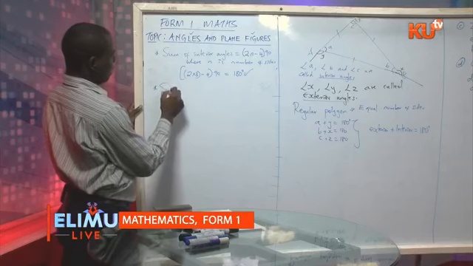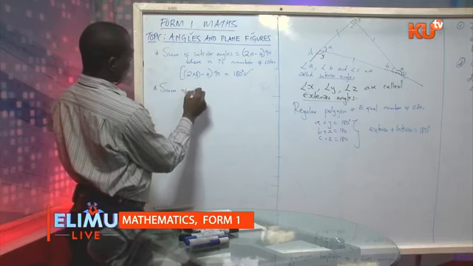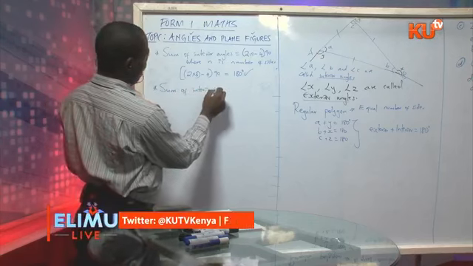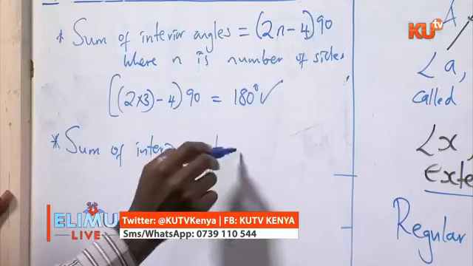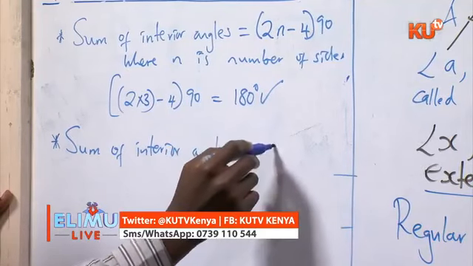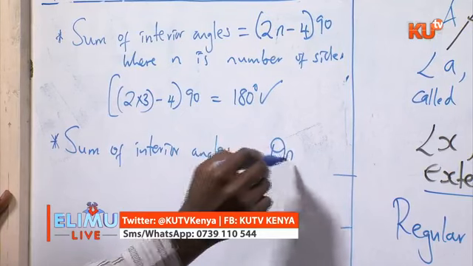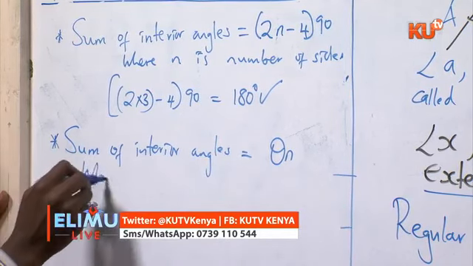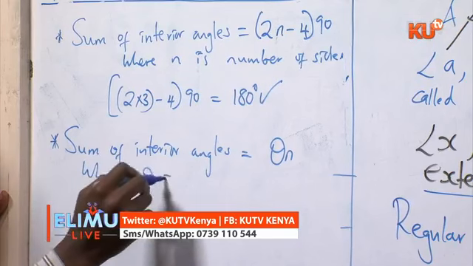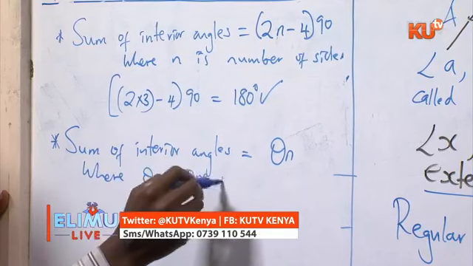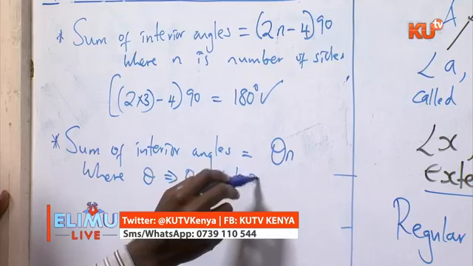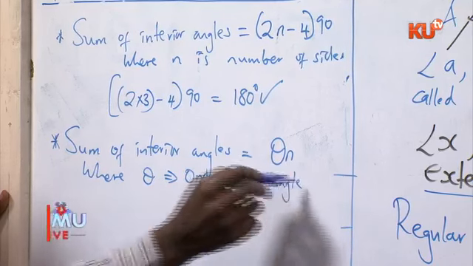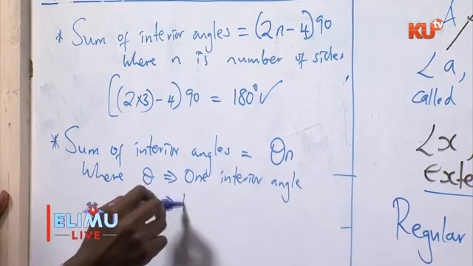And it is true that the sum of angles in a triangle is always 180 degrees. Similarly, the sum of interior angles will always be given by theta times n, where theta here is simply one interior angle, and n is the number of sides.